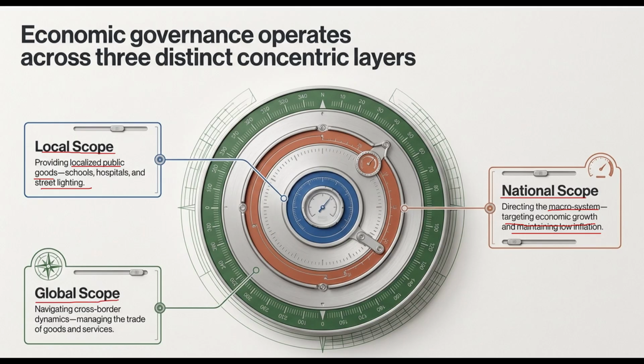So what is the global level? Navigating cross-border dynamics, right? Managing the trade of goods and services. So basically, countries manage trade and international economic relationships. All these three layers are connected and they influence each other.